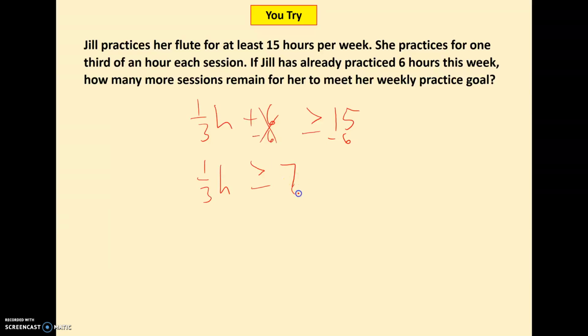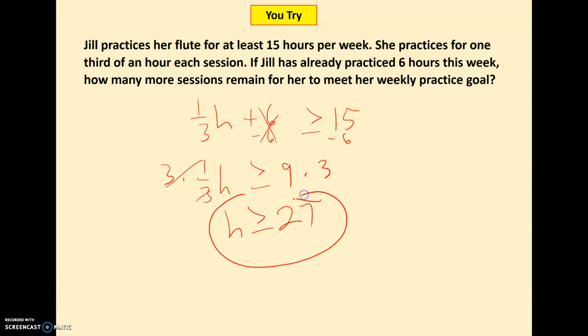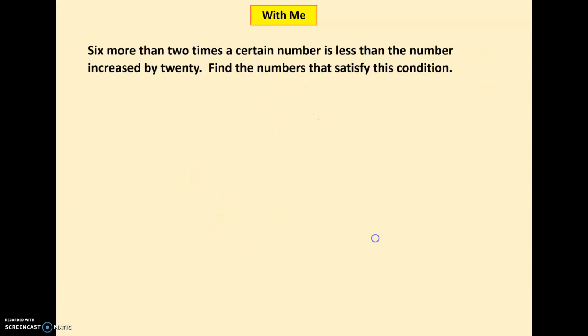Nope, 8. Sorry, 9. Slow, long day today. So times 3, there we go. h is greater than or equal to 27. So how many more sessions remain for her to meet or exceed her goal? She needs at least 27 more sessions.